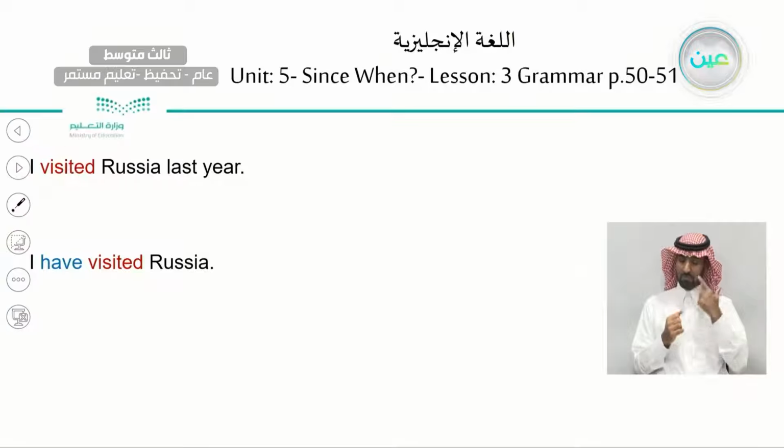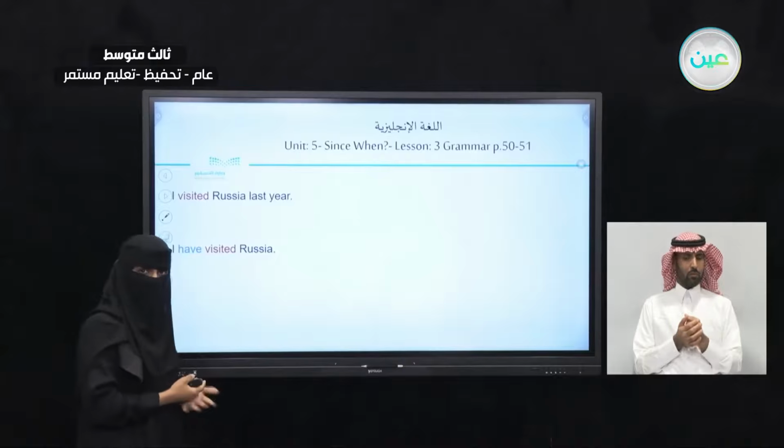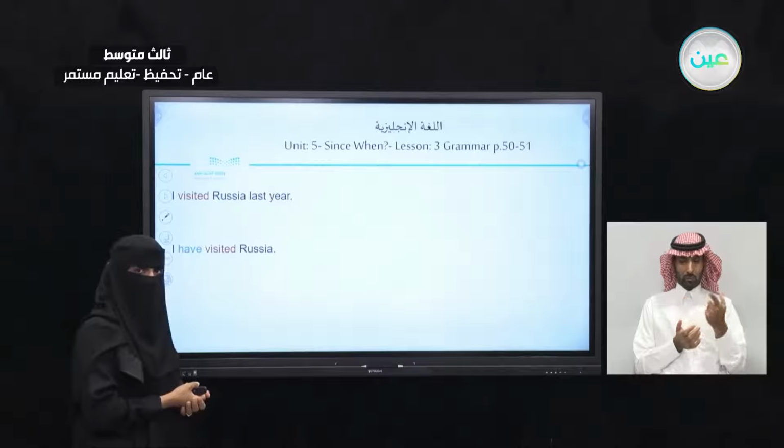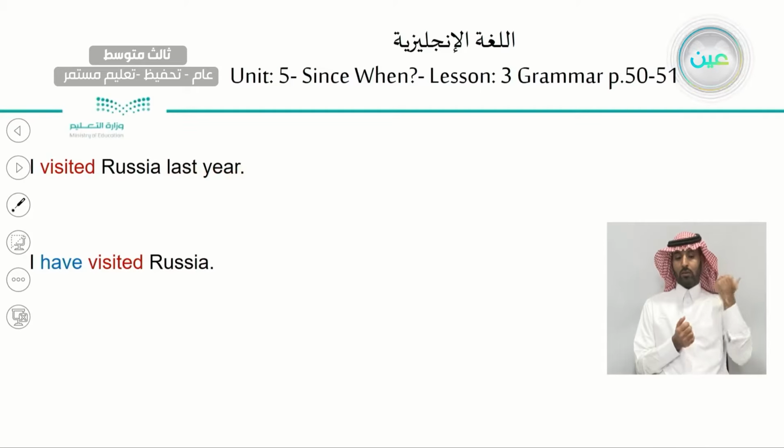Excellent. Here we have visited only, which is past simple. And here we have have visited. What else? Can you see another difference? Yes, here in the first sentence we have last year, and here we don't have the same phrase.